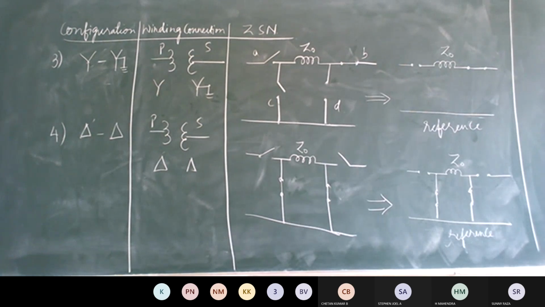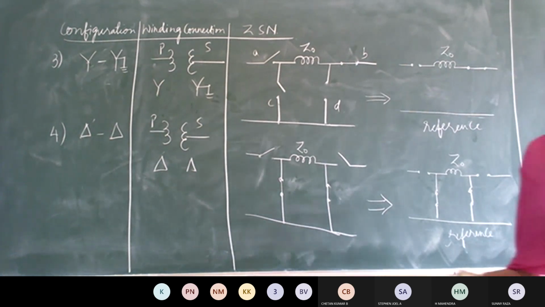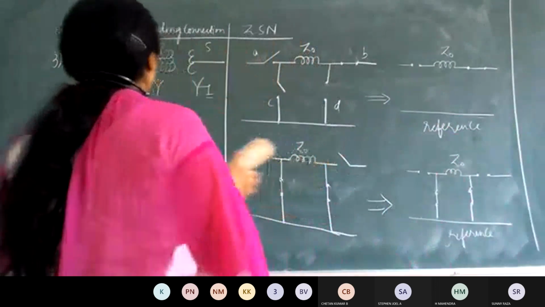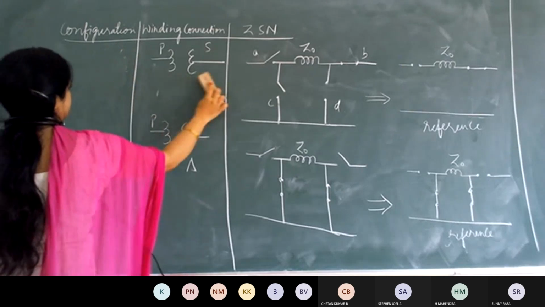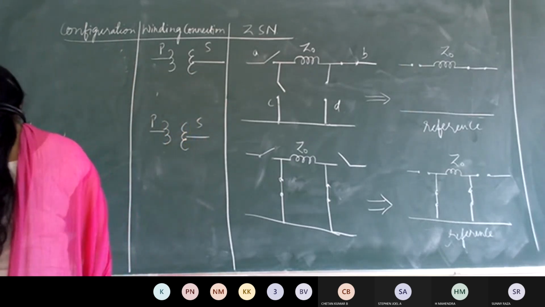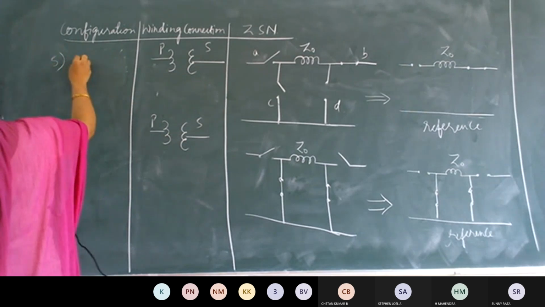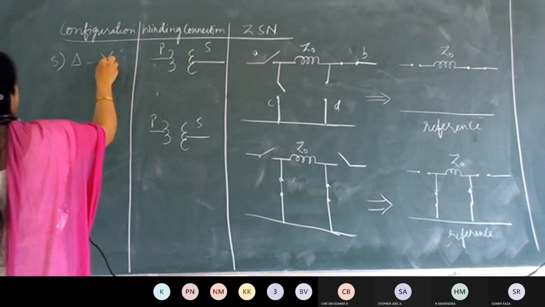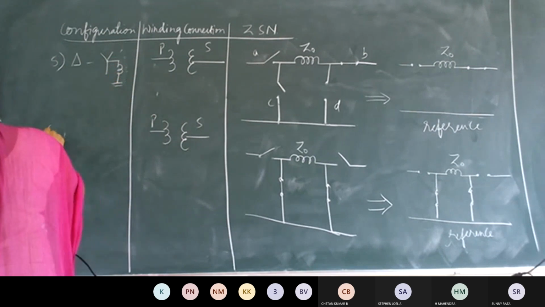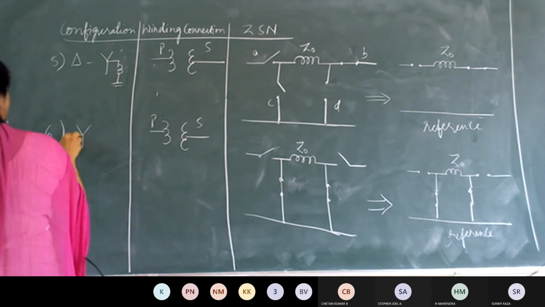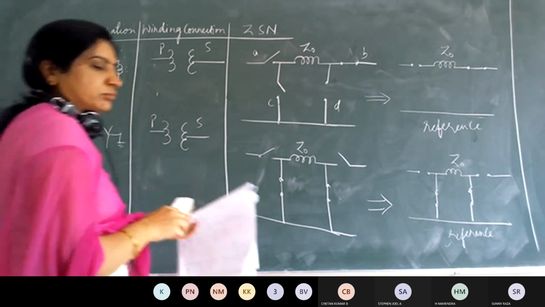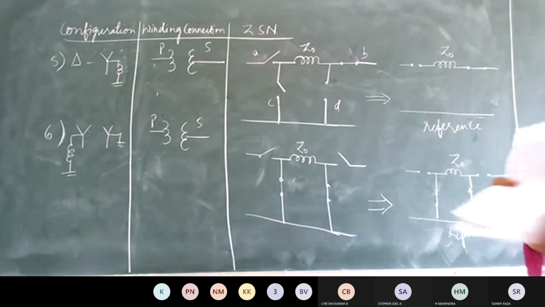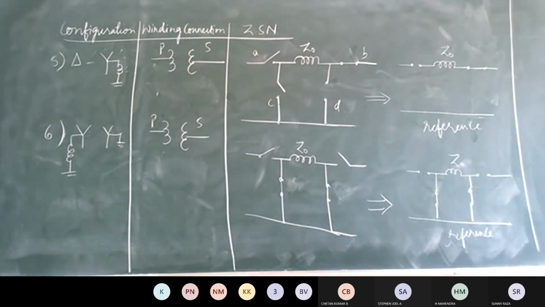Now let us see the next configuration, that is delta on the primary and star with the neutral grounded via the reactor. Okay, observe here.